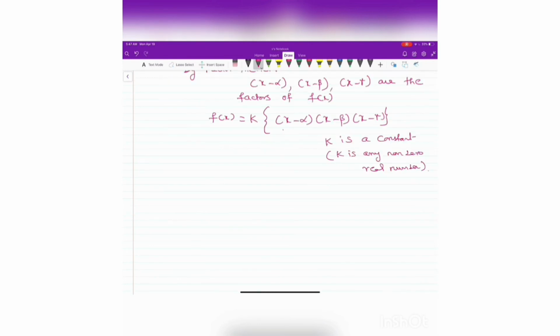Okay, like the previous one, you have to multiply x minus alpha into x minus beta and x minus gamma, and then you have to compare the like coefficients, namely x cube, x square, x and constant term on both sides. Before that, let me write this step also for you. F of x is nothing but ax cube plus bx square plus cx plus d is equal to k into x minus alpha into x minus beta into x minus gamma.